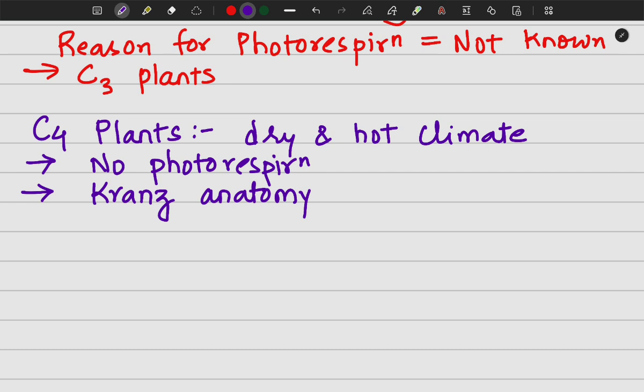So what happens? The C3 cycle occurs inside the vascular bundle, inside the bundle sheath. And we learned that the bundle sheath had thick walls and they were impervious for the gaseous exchange, right? So what happens?